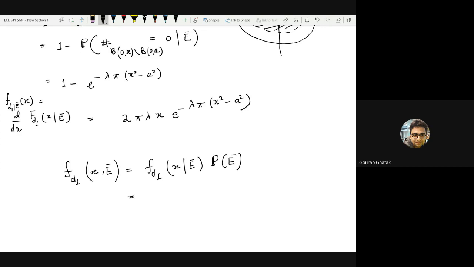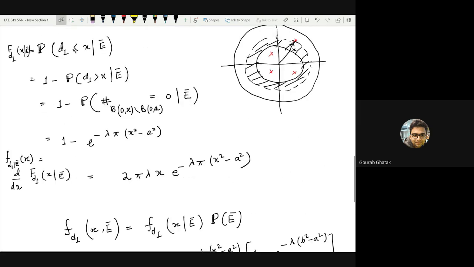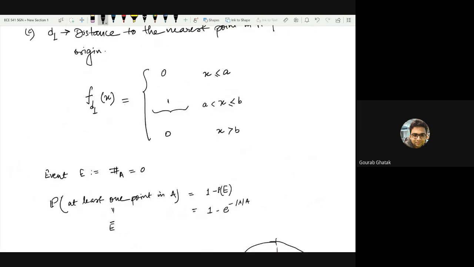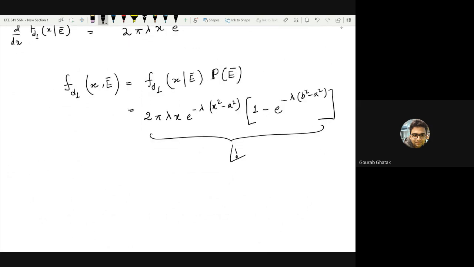So this becomes 2 pi lambda x e to the minus lambda x square minus a square, multiplied by the probability, which is 1 minus e to the power minus lambda b square minus a square. So this is the stuff which goes inside here. Any questions?